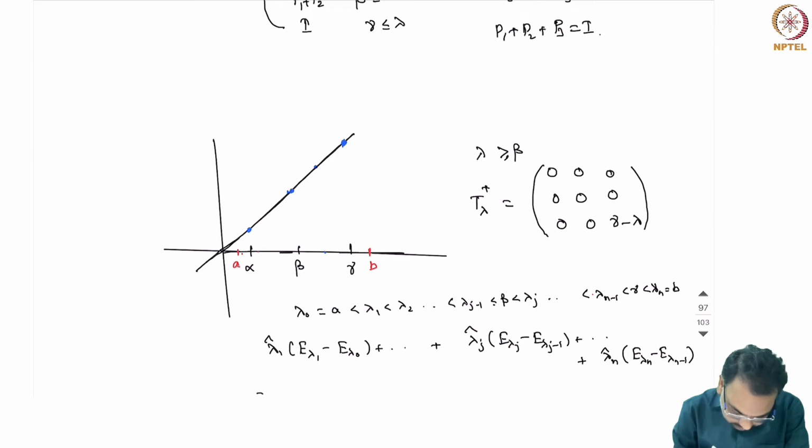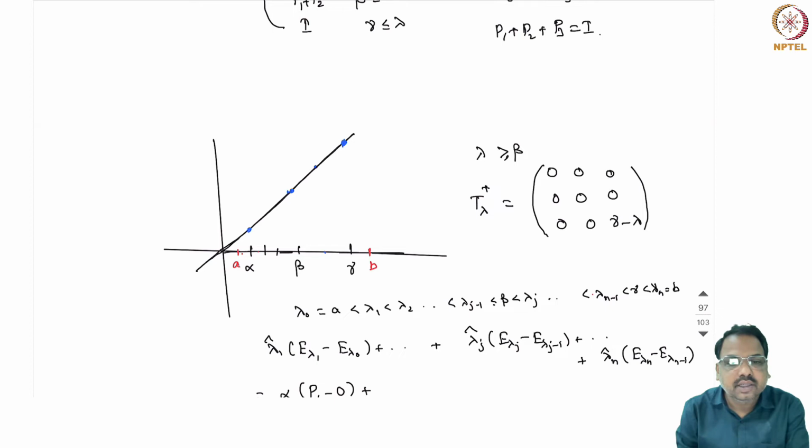I am taking lambda 1 hat to be alpha, and e lambda 1 is P1, and e lambda naught is 0. Plus, if you take any subinterval in between, take the corresponding e lambda i minus e lambda i minus 1.